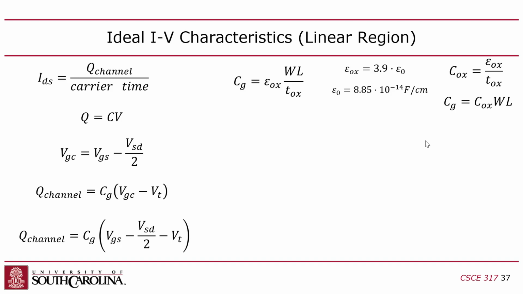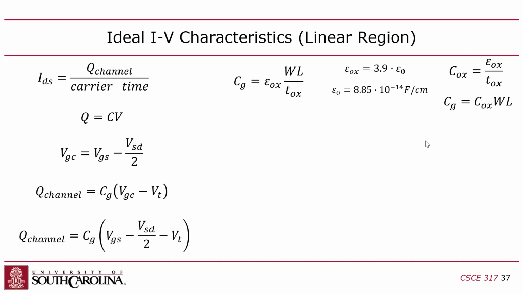Okay, so basically you could substitute in just the capacitance of oxide, C oxide, for epsilon oxide over thickness of oxide, because those are things you can't change. Those are baked into the fabrication technology. But you can change the width and the length of the transistor gate, right?